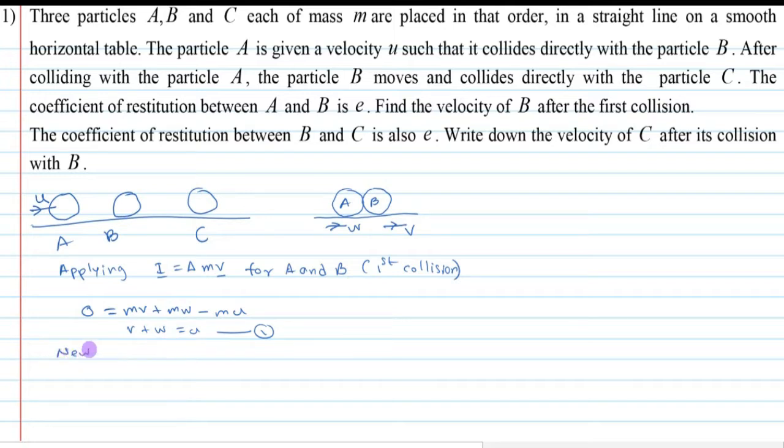According to Newton's law of restitution, v minus w is equal to eu.